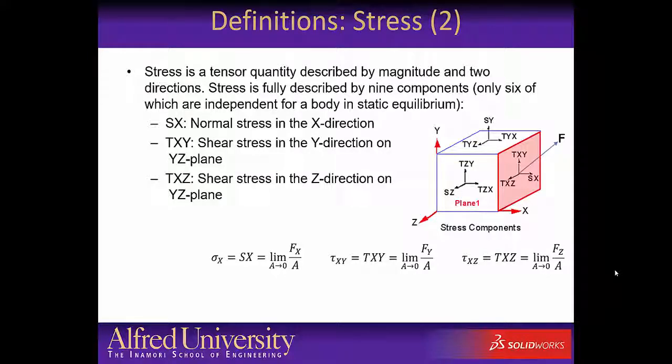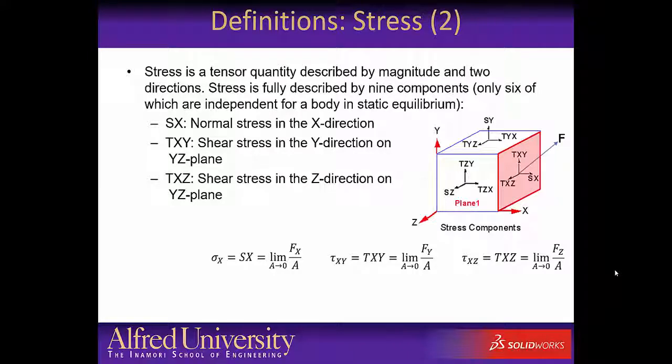We can also define two other components of stress. Here we can take the y component of the force pointing upwards, the limit of that force component divided by the area as the area goes to 0, is given as the shear stress that acts in the y direction but exists on the YZ plane.